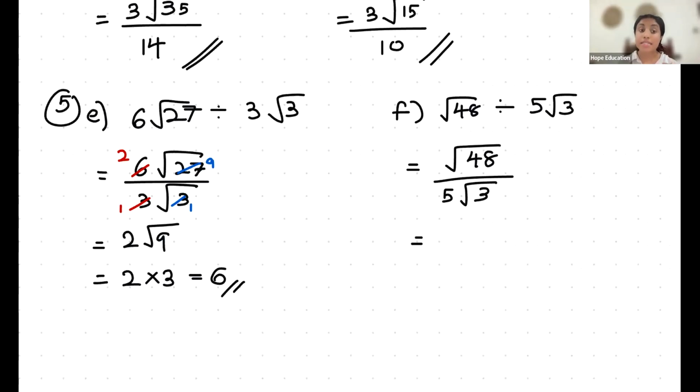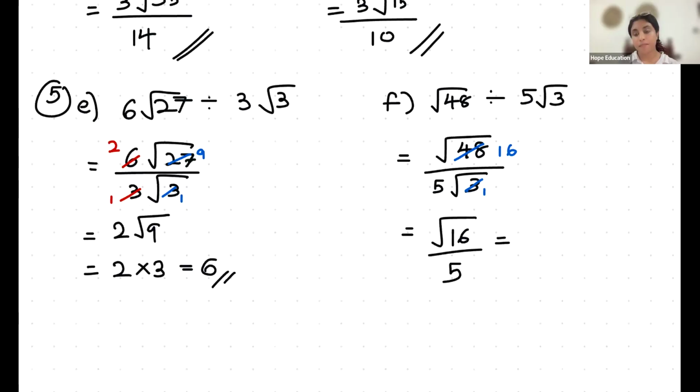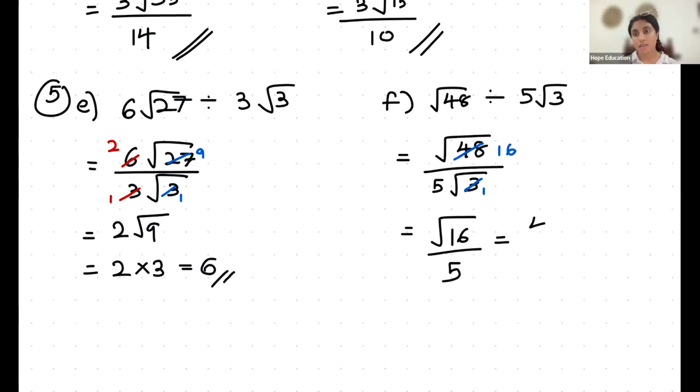But let's look at what is inside the square root sign. 3 times 1 is 3, 4 with 1 remaining, 18 is 3 times 6. So outside we have nothing left, on top we are left with root of 16, and below we are left with 5. Root of 16 is 4. So 4 over 5 is the answer.